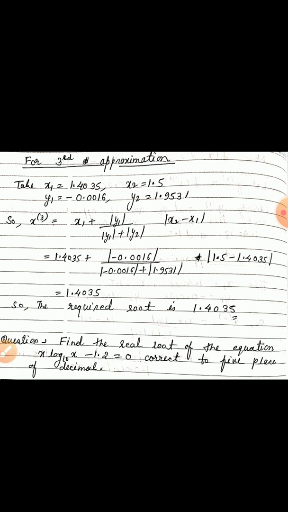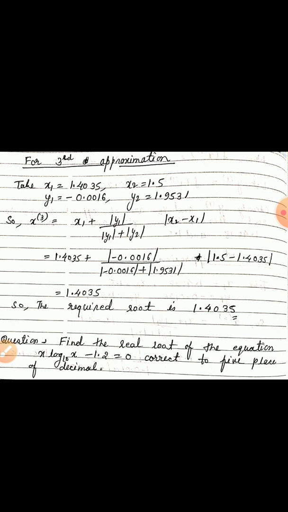After simplifying, we will get 1.4035. So this is the required root of the given equation. So for the regula falsi method, you just need to find till the third approximation, and whatever value you get, that is your required answer.